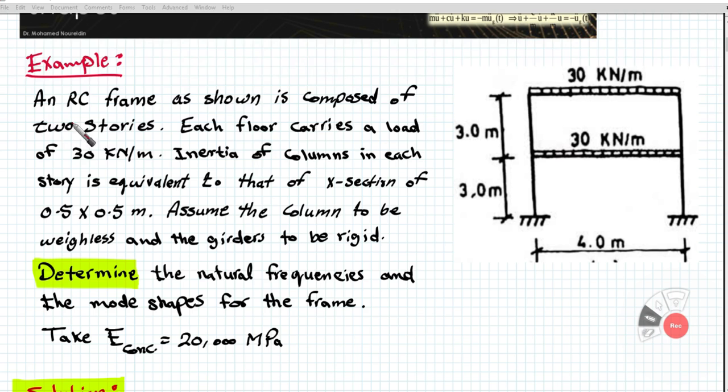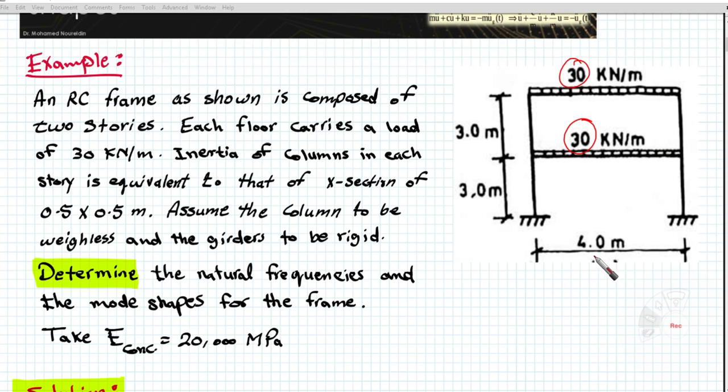So this example is an RC reinforced concrete frame as shown, as you can see it here. So it's an RC frame, and it is 4-meter span, 2 floors, and the height of each floor is 3 meters, and there is distributed load on each floor with the amount of 30 kilonewton per meter each.